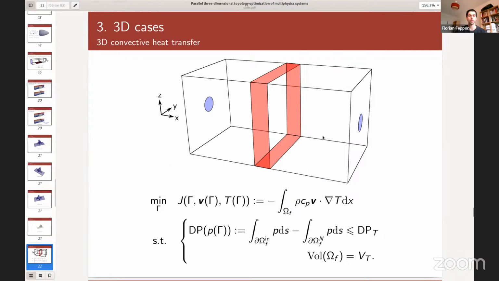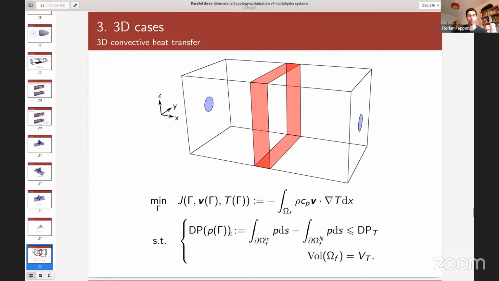Then we also considered the 3D convective heat transfer problem, where we maximize the objective function, which corresponds to the heat transferred from the left-hand side to the right-hand side. We have an inlet and an outlet, and on the red stripe we apply a constant temperature, which is larger than the inlet temperature.